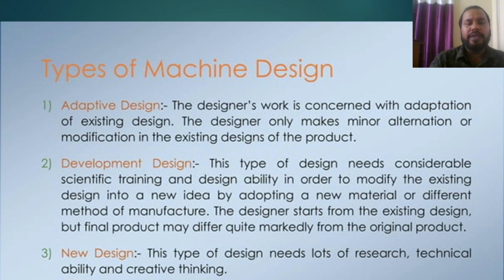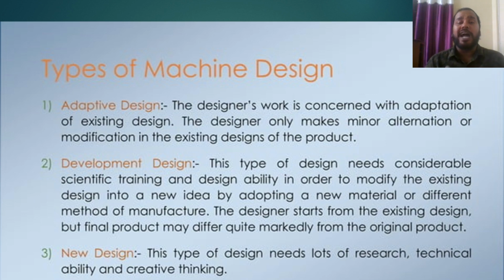Okay. So next come to the development design. The development design is the advanced phase of adaptive design. This type of design needs considerable specific training and design ability in order to modify the existing design into new ideas by adapting new material or different methods of manufacture. The designer starts from the existing design, but the final product may differ quite markedly from the original product.